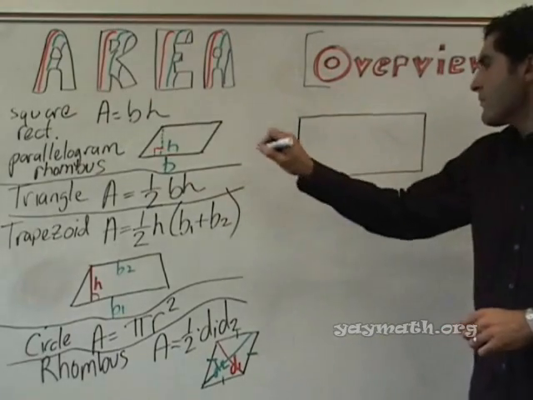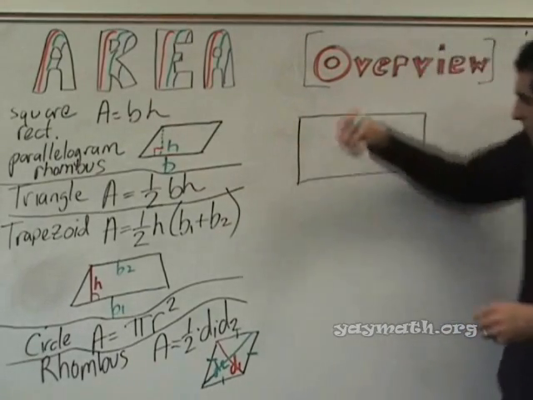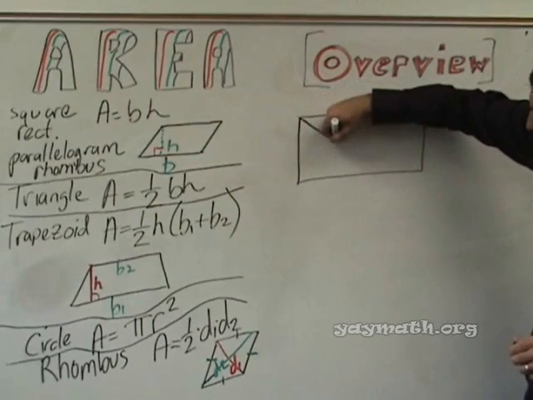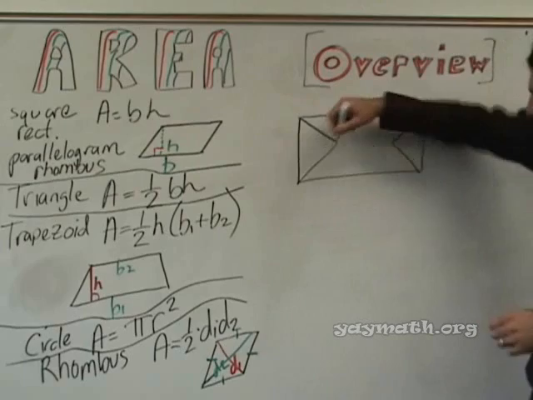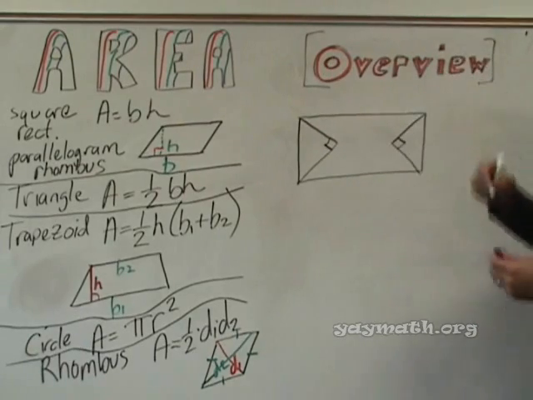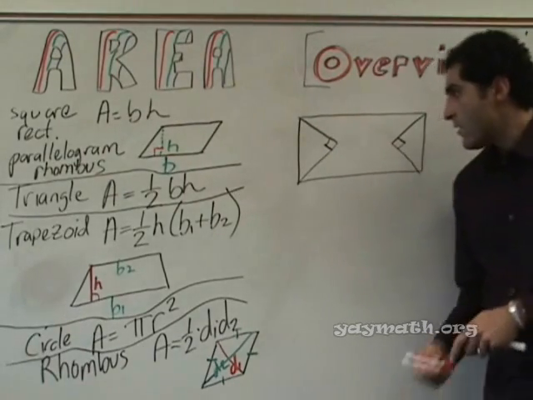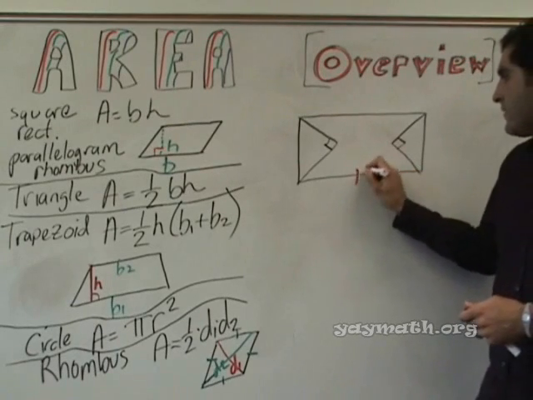Rectangle. And now we have, I'm going to draw this sort of envelope thing here. Please make these 90 degrees. Let's make this 10.